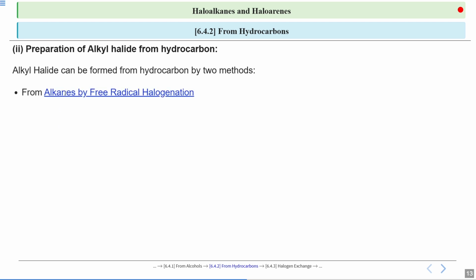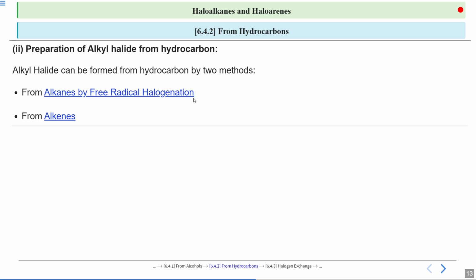The first one is from alkanes by free radical halogenation, and the second is from alkenes. Okay, so hydrocarbons means alkanes and alkenes. They are the hydrocarbons that you are going to react with a suitable reagent to get alkyl halide. So from alkanes you can get the alkyl halide by free radical halogenation.